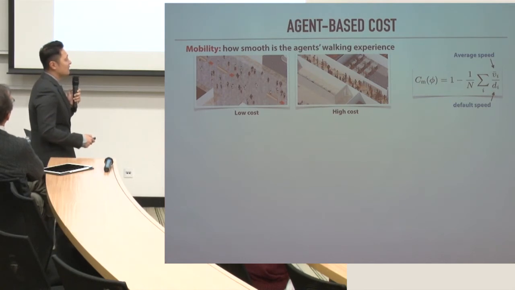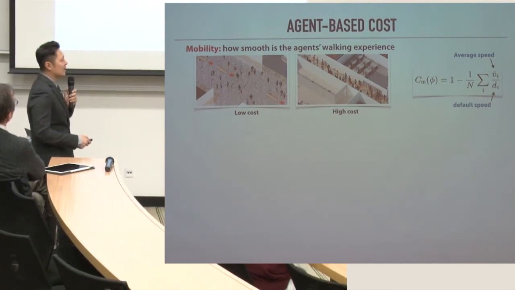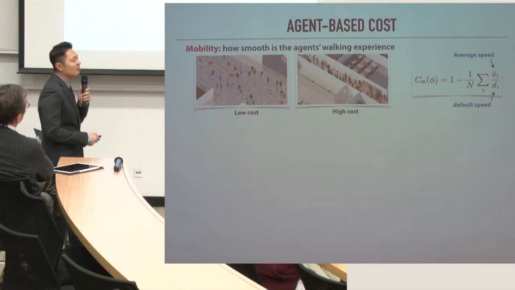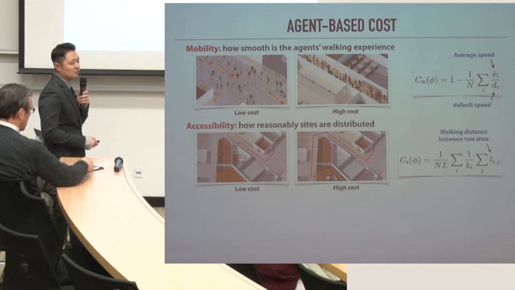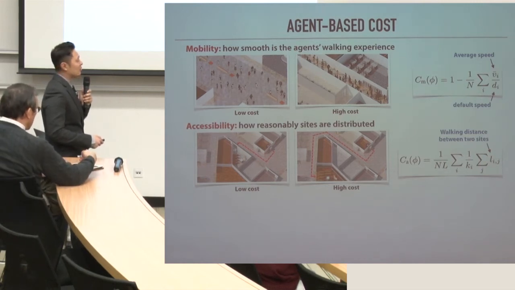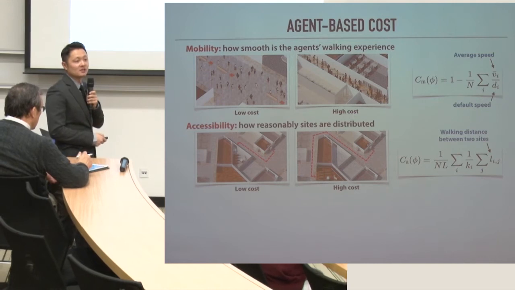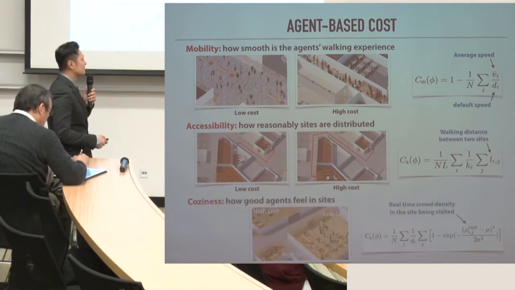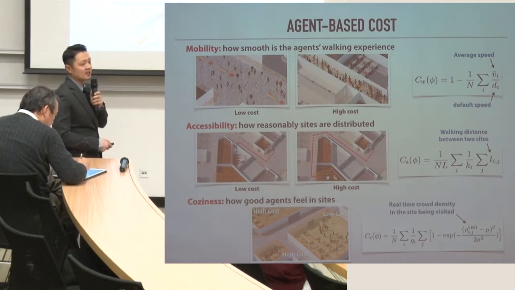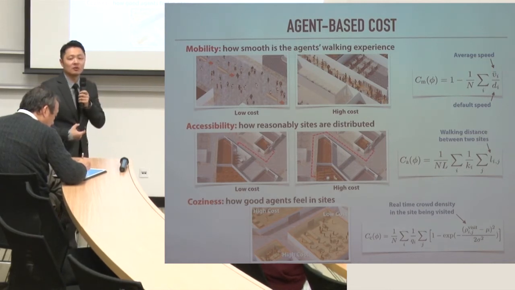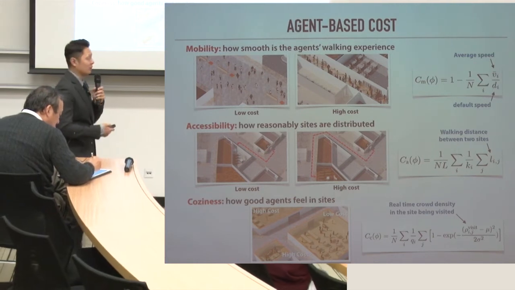For example, mobility, from the average speed against its default speed, can tell you how smoothly the agent is walking. Accessibility tells you how evenly the sites are distributed. So if the agent always needs to walk a long distance, they will get a high cost. And costliness measures how good the agent feels inside. So either too crowded or too empty a site will make a high cost. It's not good.